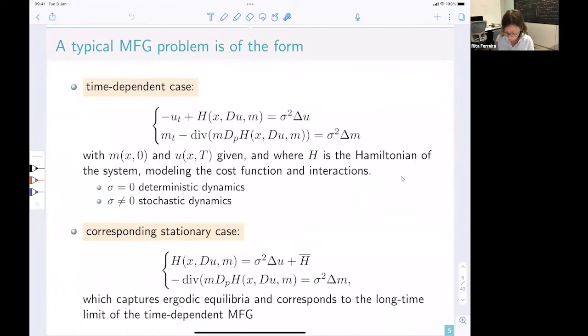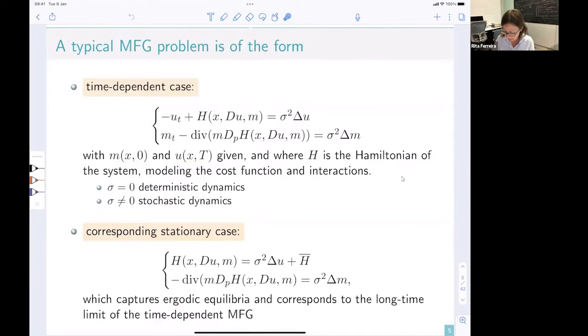Here, H is the Hamiltonian of our system, it is data, so it's known, and it is related to the cost function and models the interactions between agents. We are given the initial distribution of the population, so this is known, and we have a terminal cost. So U satisfies a terminal condition, M satisfies the initial condition.